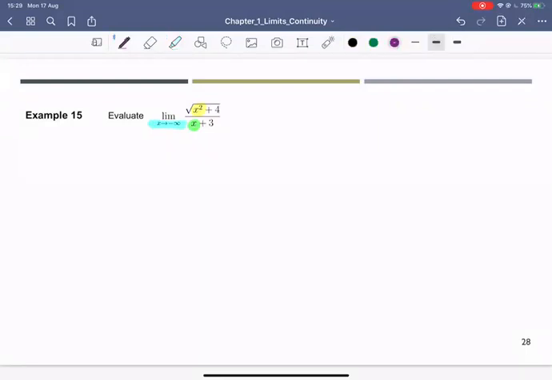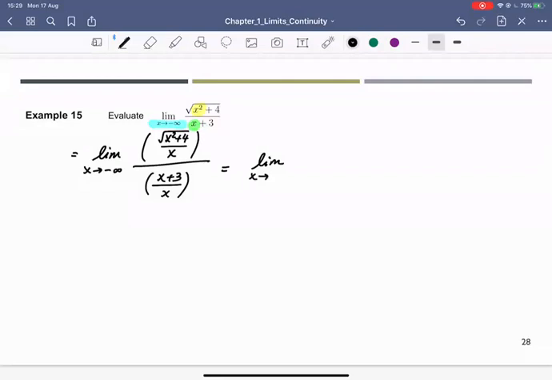So let's simplify first. I'm just going to divide everything by x first. I'm going to clear the term on the denominator first, so that means 1 plus 3 over x. The denominator is easy.